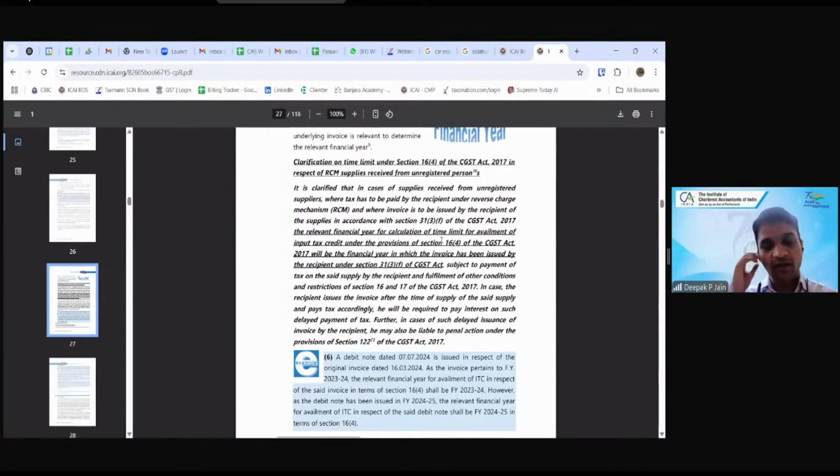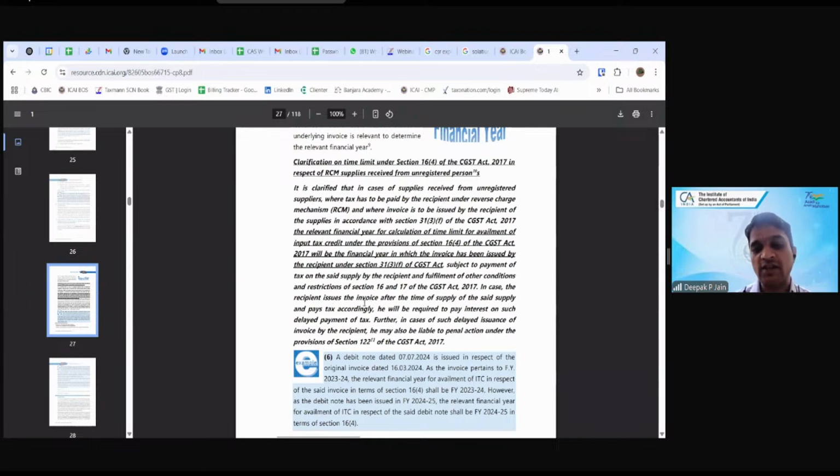So when you are buying from an unregistered person, you have to raise a self invoice. The relevant financial year for calculation of time limit for availment of input tax credit under the provisions of 16.4 will be the financial year in which the invoice has been issued by the recipient, subject to payment of tax of the said supply by the recipient and fulfillment of other conditions and restrictions of section 16 and 17 of the CGST Act.